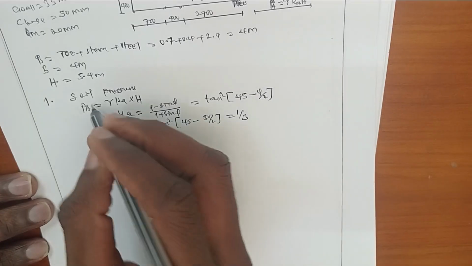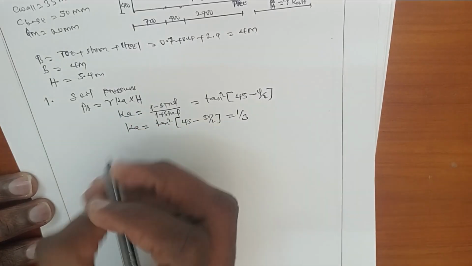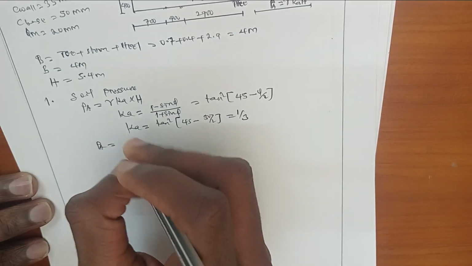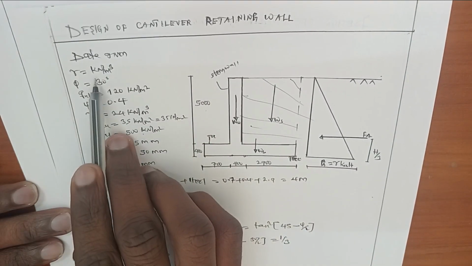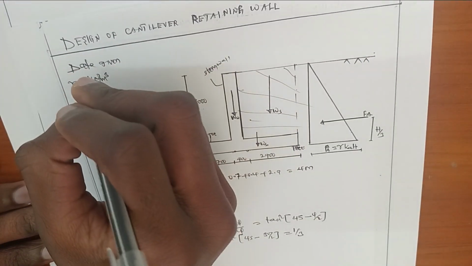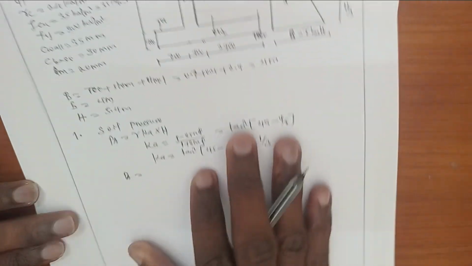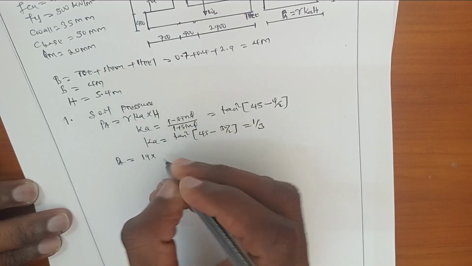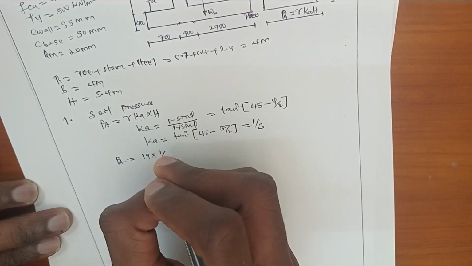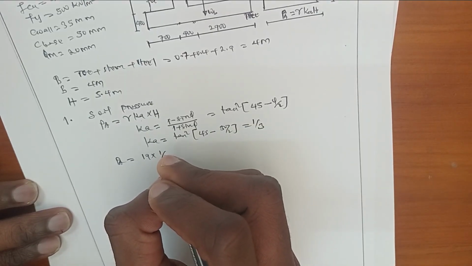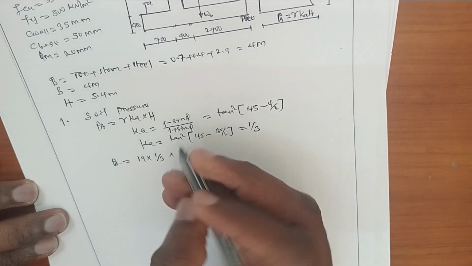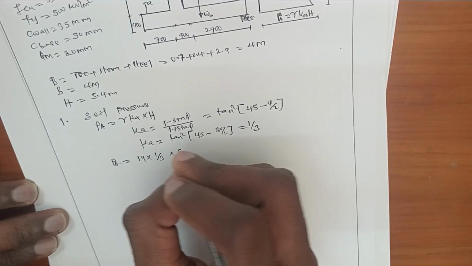After that, now let's substitute into this formula so as to obtain the soil pressure. It will be equal to the unit weight of soil, 19 kilonewton per meter cube, times the coefficient of active pressure, which is 1 over 3, times h, the total depth, which is equal to 5.4.